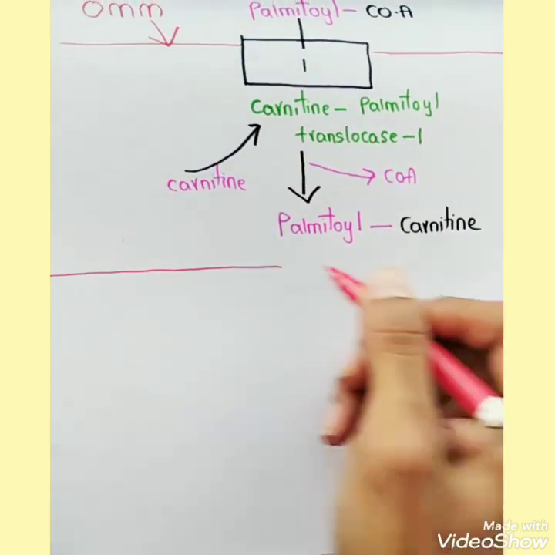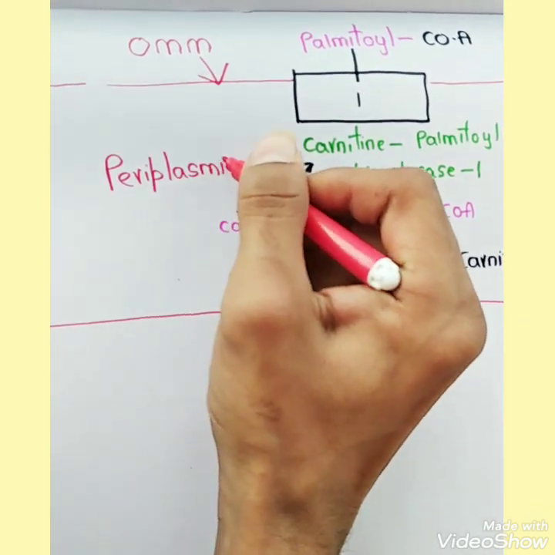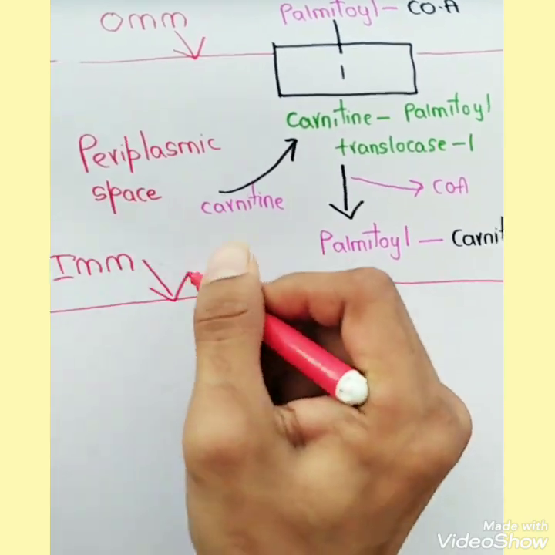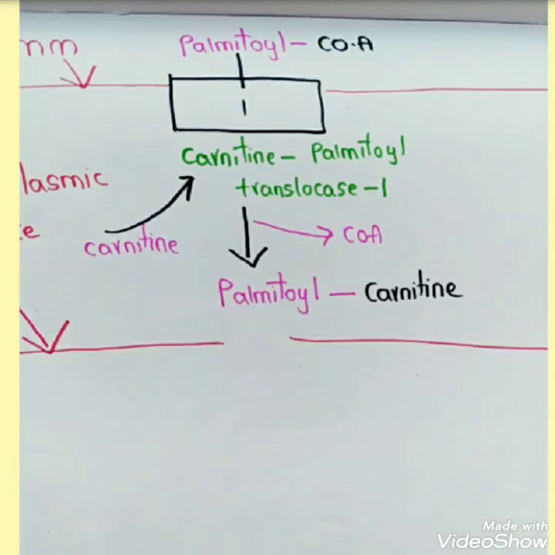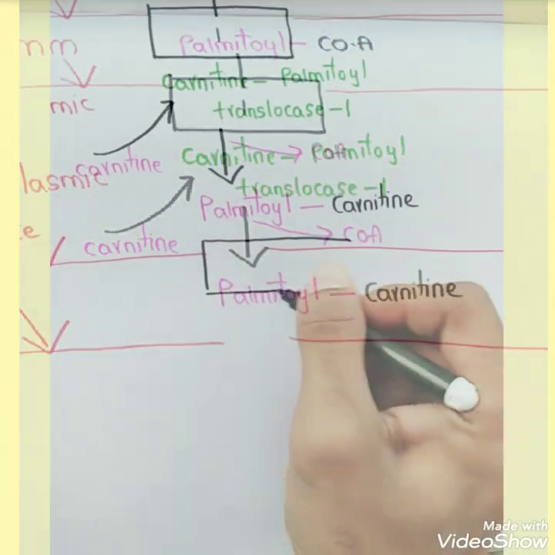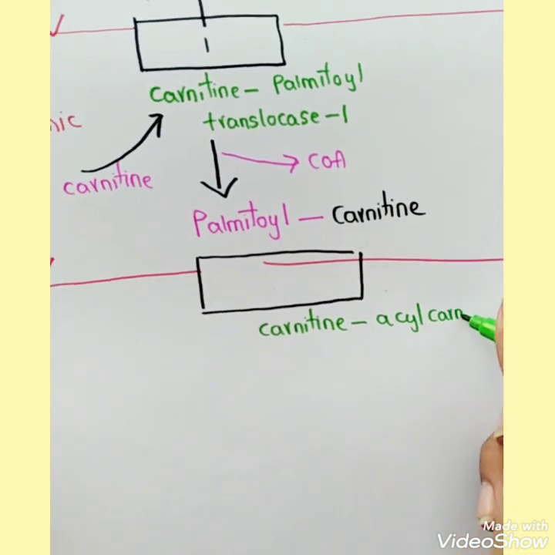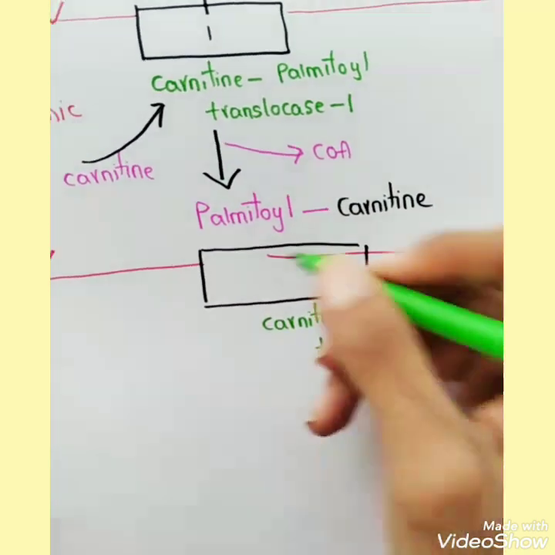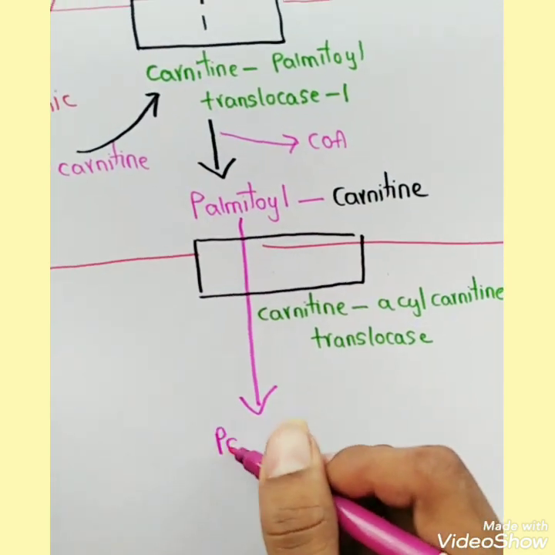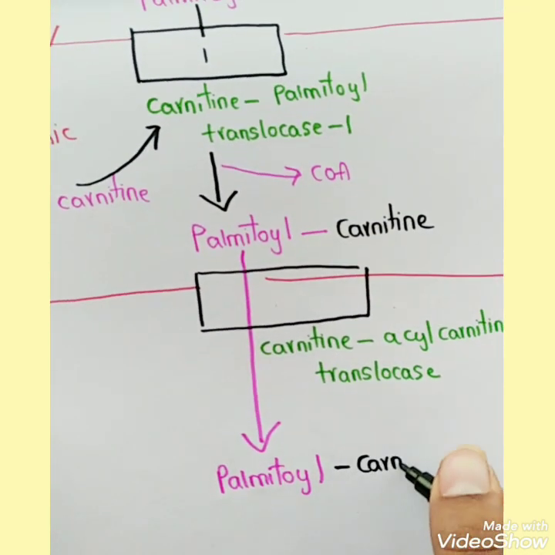But for this palmitoyl carnitine to be transported from the periplasmic space into the matrix, it has to cross the inner mitochondrial membrane, which is completely impermeable. For this, we have a special type of transporter called carnitine-acylcarnitine translocase, which transports palmitoyl carnitine from the periplasmic space into the mitochondrial matrix.